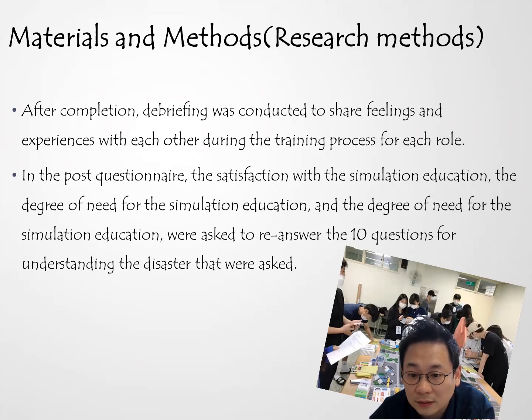To compare the results before and after training, a corresponding sample t-test was performed. Cronbach's alpha value was calculated to evaluate the reliability of the questionnaire, and the Pearson correlation test was performed to determine the association between the questions.